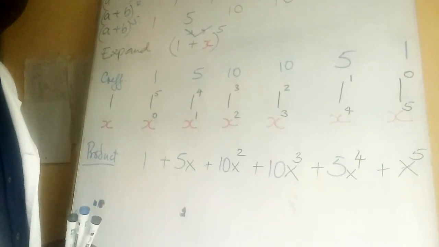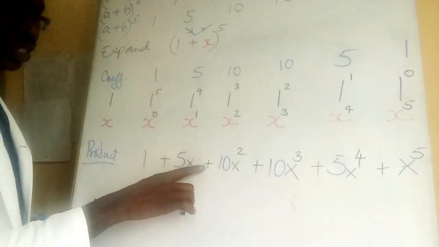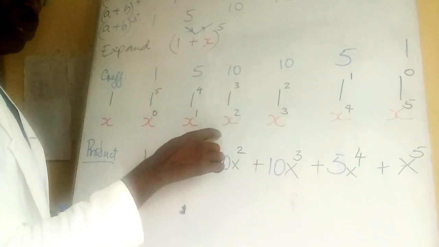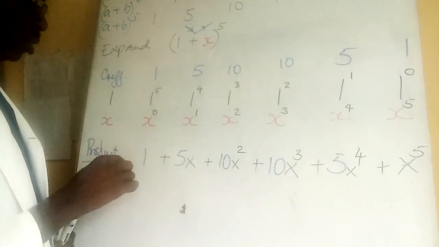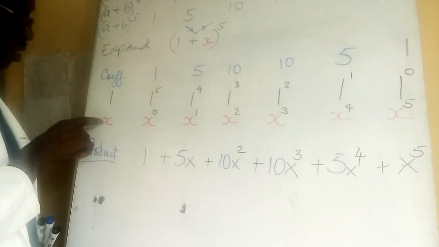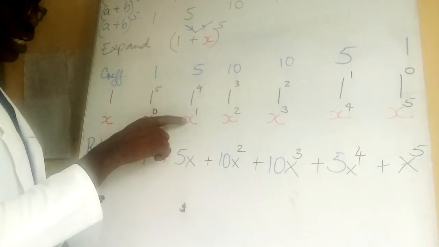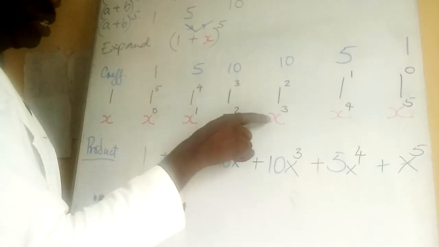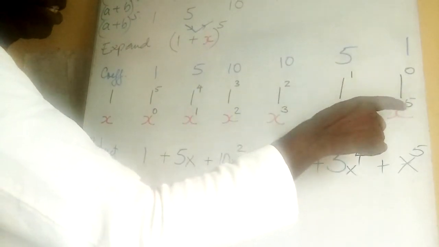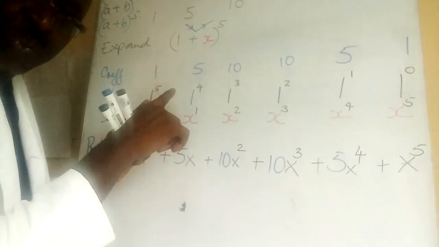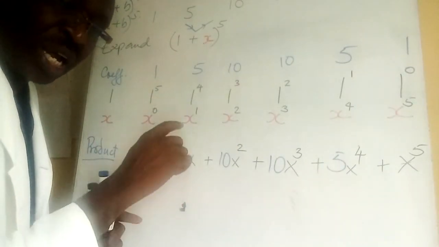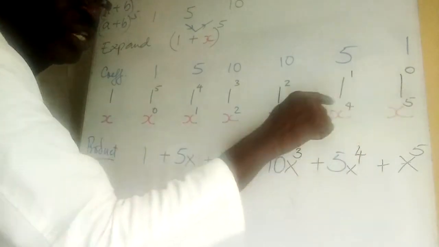So if I had -x, it would be negative x, negative x, negative x, negative x. Then you put a bracket and the powers remain the same.